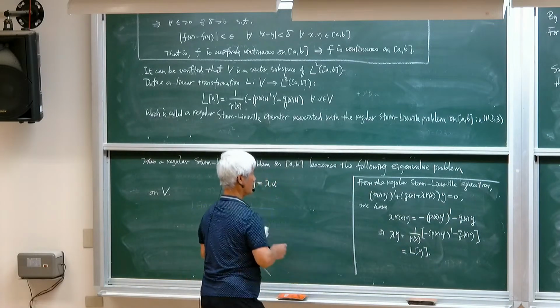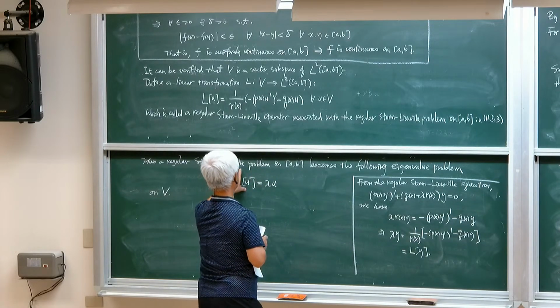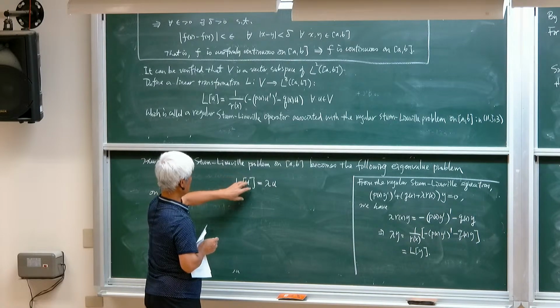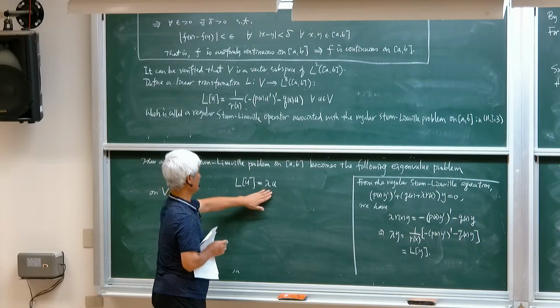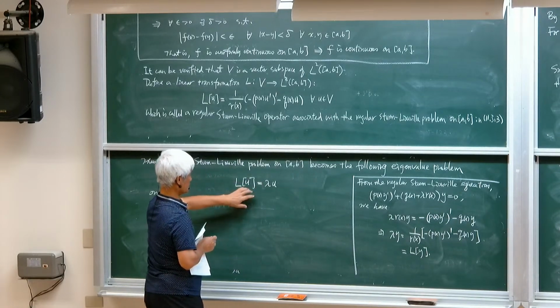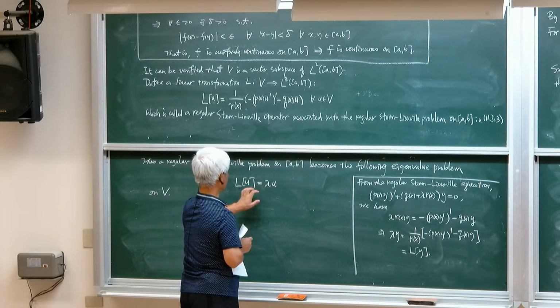As you can see, this is the eigenvalue problem, because this is a linear transformation L, and U gives us lambda U here. We want to find non-trivial solutions for this eigenvalue problem.